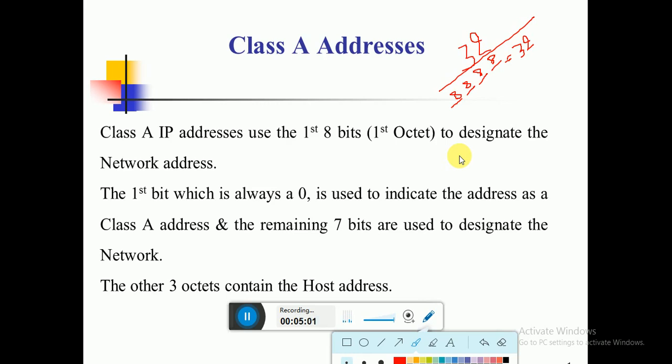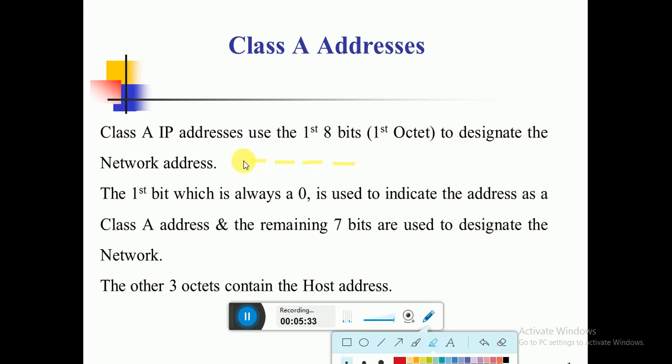Okay, let's get started with the class A address of IP version 4, and what class A actually does. First, class A IP addresses use the first 8 bits, or we can say the first octet, to designate the network address. You see, we have 4 portions: first, second, third, fourth.